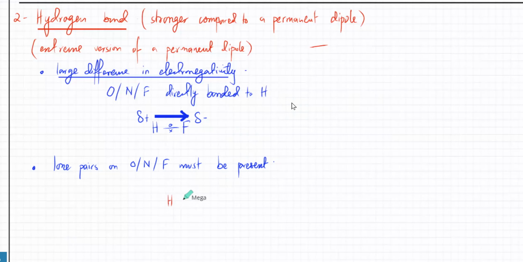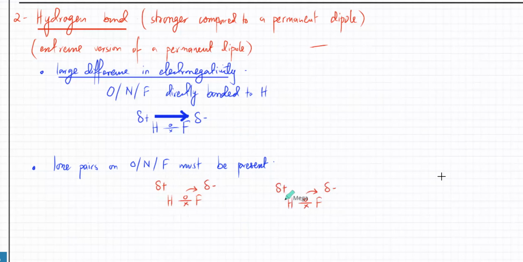I told you that the HF molecule is going to be a highly polar molecule. It's going to have a very big negative charge and a very big positive charge because the electrons are going to be very strongly attracted by fluorine. And there's going to be this other HF molecule, and that's going to be highly polar as well.